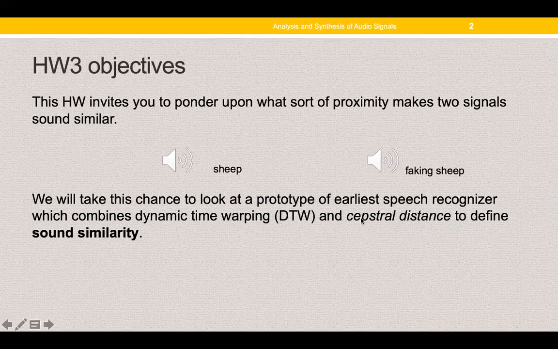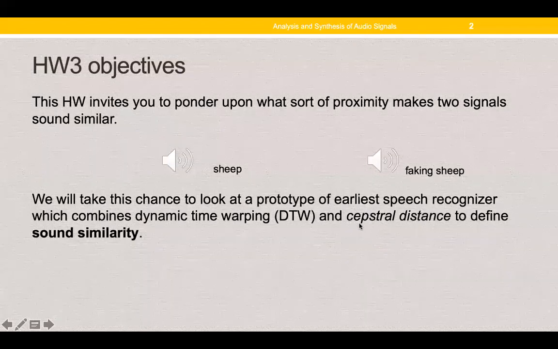The feature they used to compare the distance between the query and to classify is a Cepstral distance. Note that Cepstral is really spectral, but the first four letters are spelled backward: S-P-E-C versus C-E-P-S.